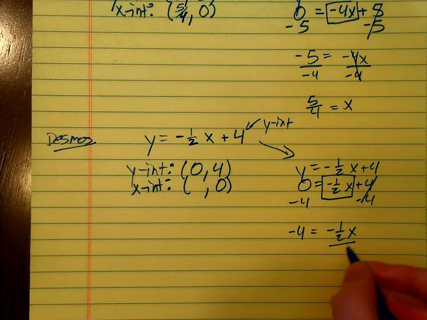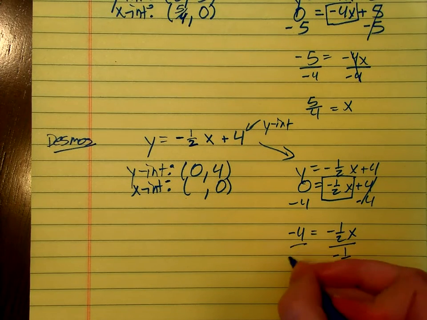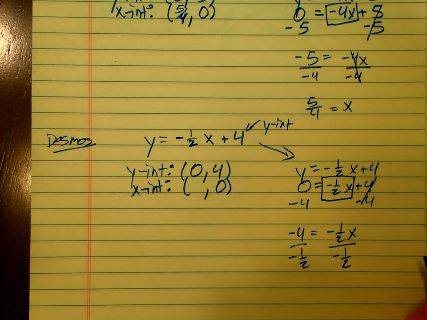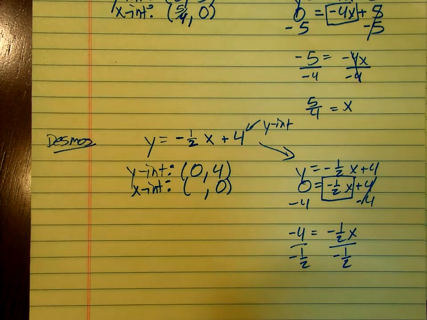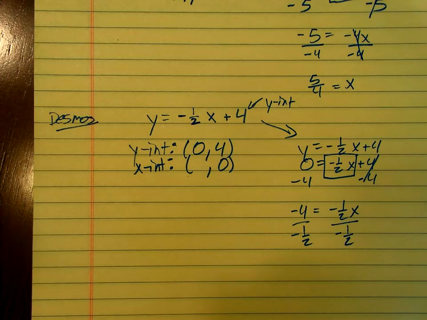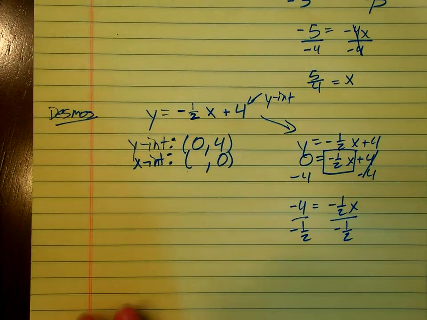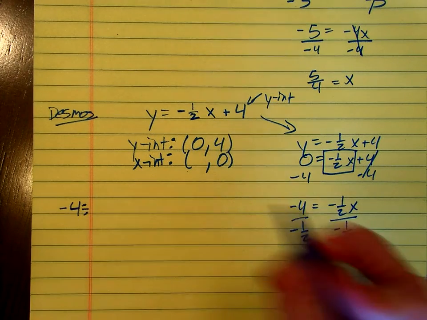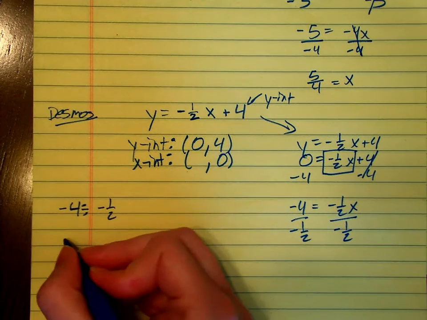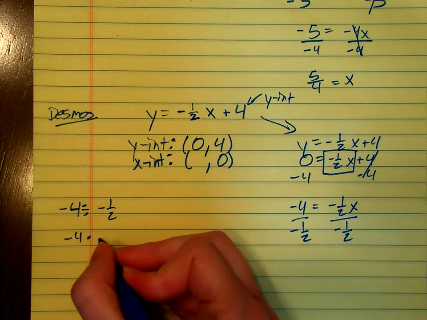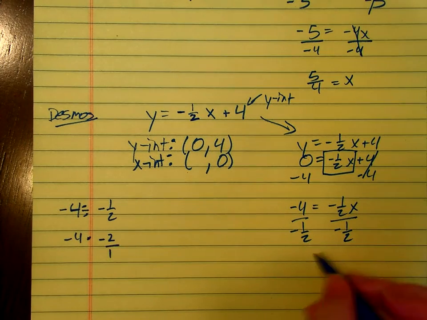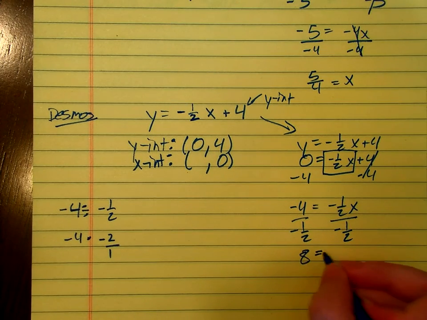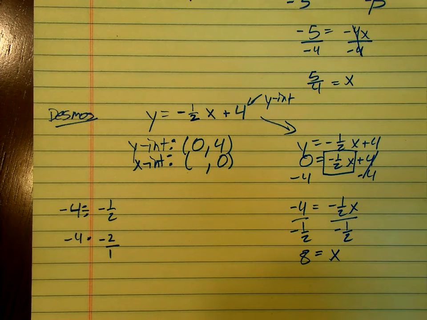Now I'm dividing by -1/2, which is the same thing as multiplying by -2. If you don't believe me, ask Mr. Morrison or look it up online. Whenever you are dividing -4 by -1/2, you keep, change, flip. So you get 8 equals x. So that means my x-intercept occurs at 8, 0.